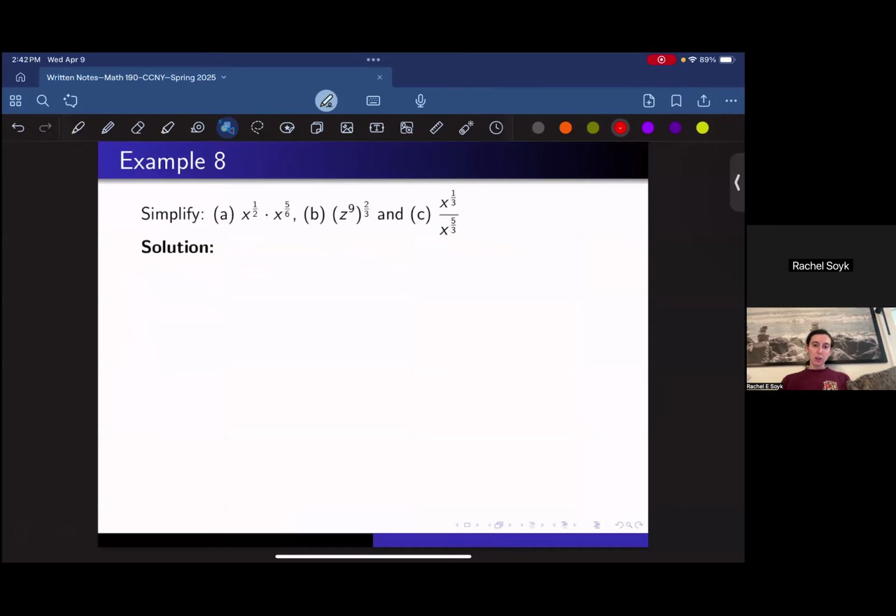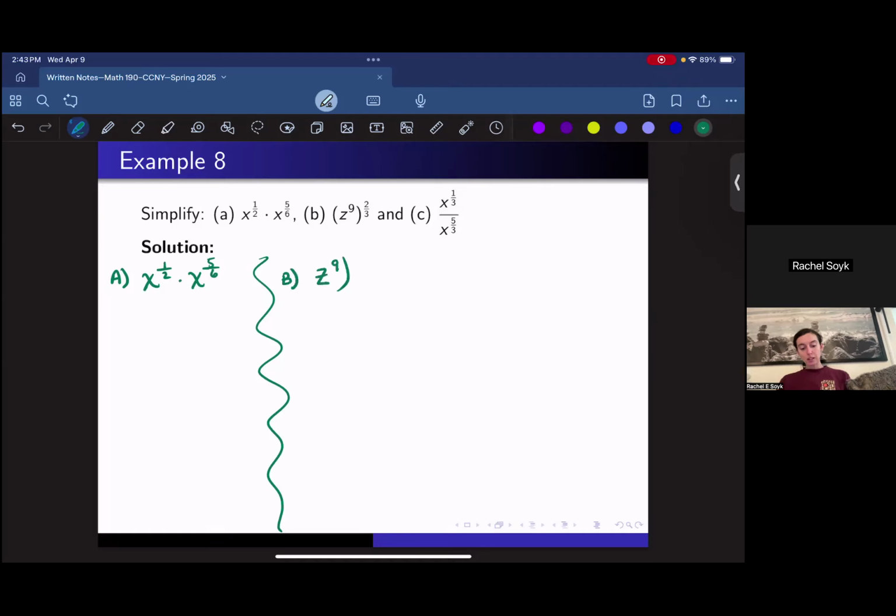Okay, so let's do some more example problems together to really reinforce our knowledge of all of our properties. x to the 1/2 times x to the 5/6. When you multiply numbers that have the same base, you add the exponents.